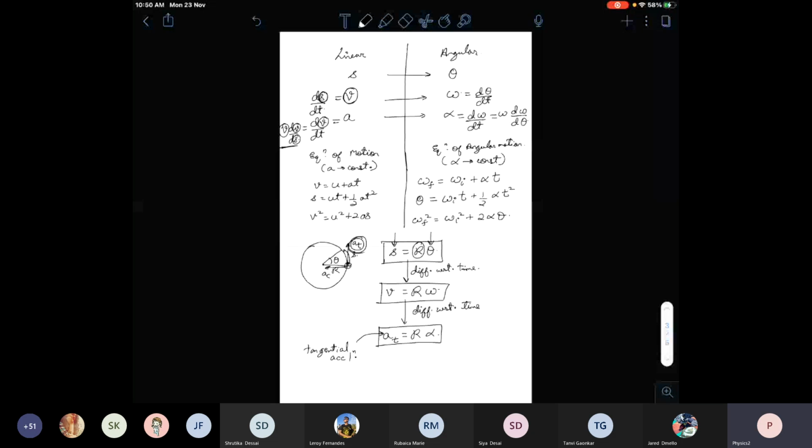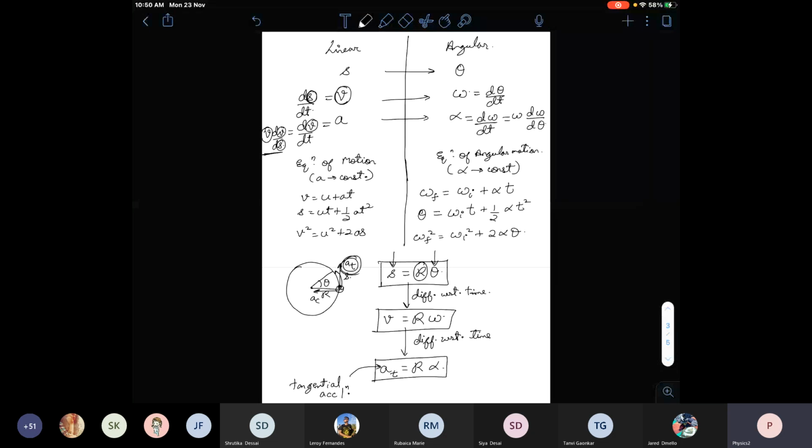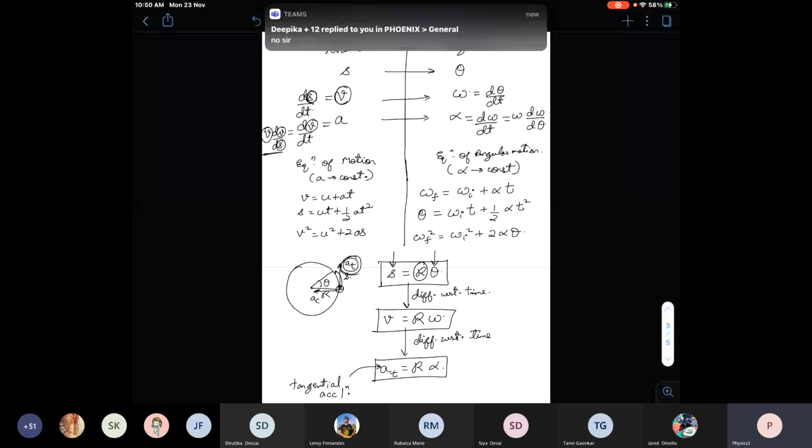Any doubts, anybody? Because these are the basic things. If you are confused over here, then it won't help anywhere. Anybody? If anybody has any kind of doubt, don't worry.